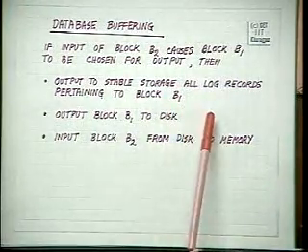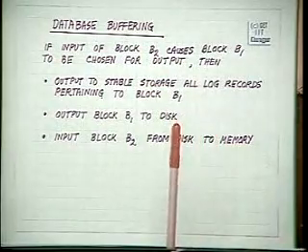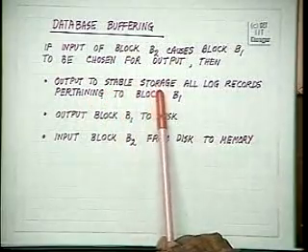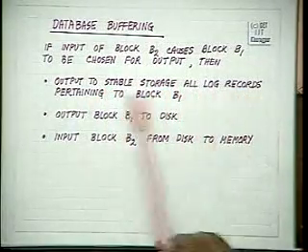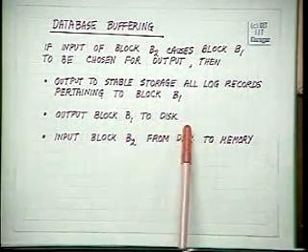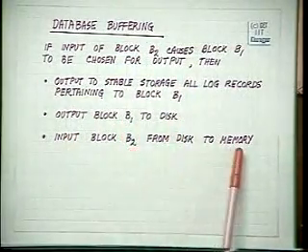If you modify the database and then output the log, then there may be a crash between the time after you have modified the database and before you have output the log. So you must be sure that you do it in the proper sequence. So the sequence here is output to stable storage all log records pertaining to block B1, and then output the block B1 to disk, and then input B2 from disk to memory.